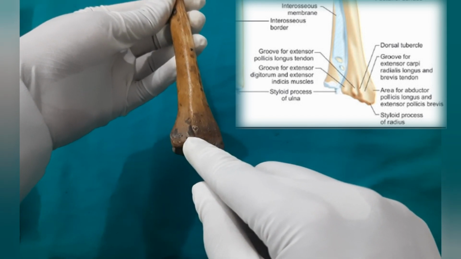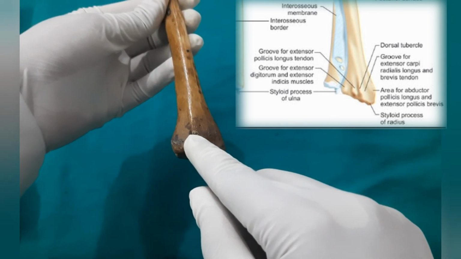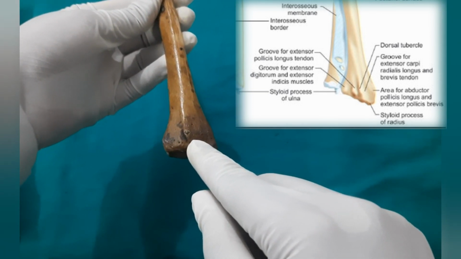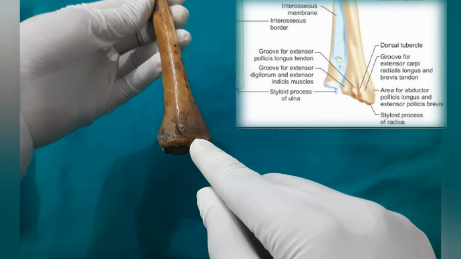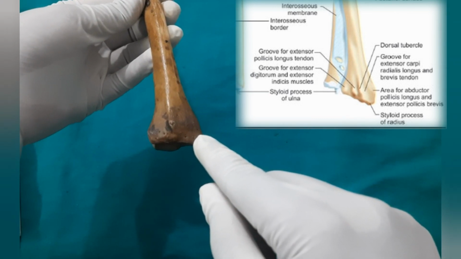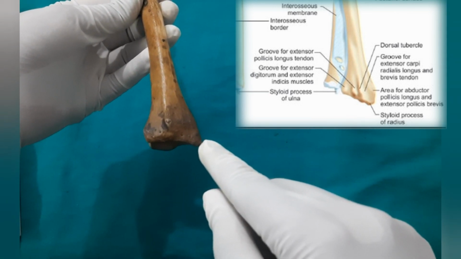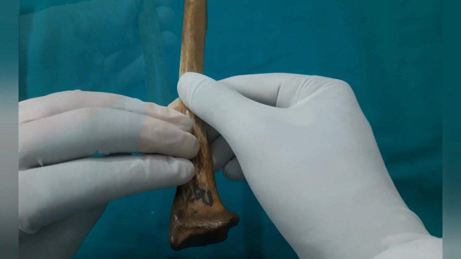Just medial to the dorsal tubercle, there is the extensor pollicis longus tendon, and just lateral to the dorsal tubercle, we have extensor carpi radialis brevis, then extensor carpi radialis longus, and then extensor pollicis brevis and abductor pollicis longus most laterally. So this is about the relation of tendons at the dorsal end.